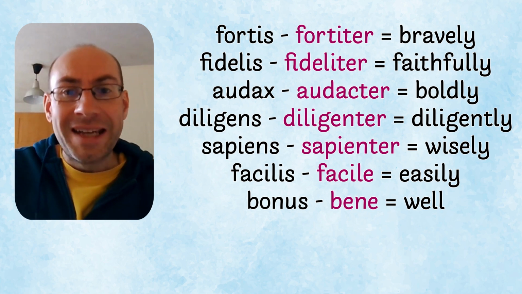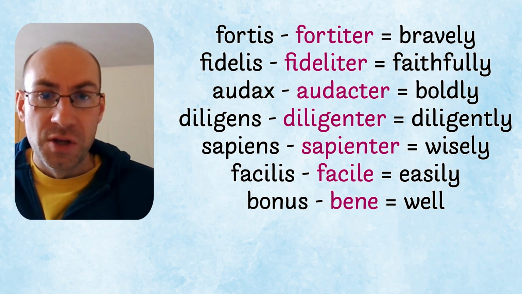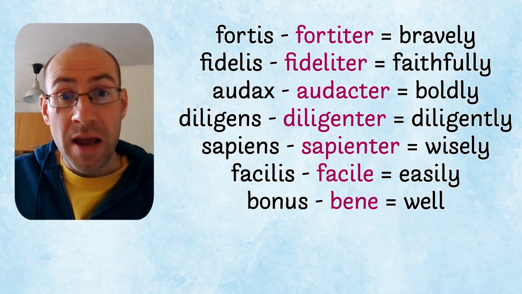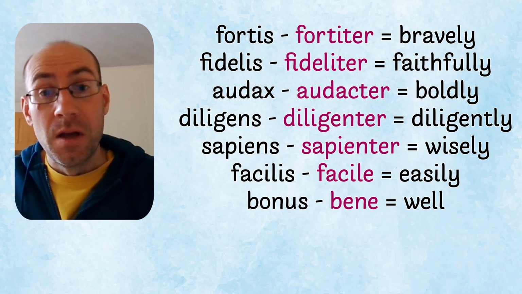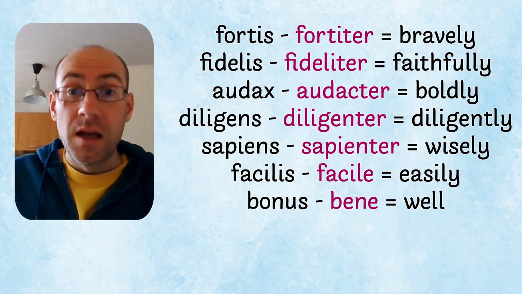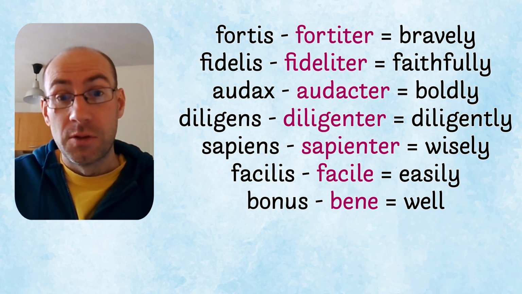Let's have a look at how we can convert these adjectives now into adverbs. So these third declension types will often get -iter as the adverb. So fortis, strong or brave, becomes fortiter. Fortiter means bravely, strongly.